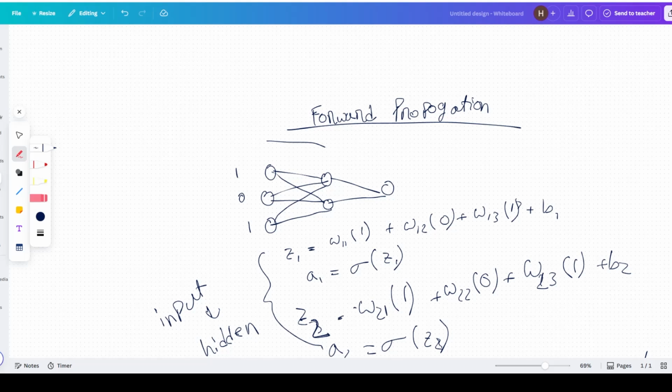I have some teaser questions for you: why can't our single neuron learn XOR? You can check that and type in the comment right below. And how do we efficiently compute gradients through multiple layers?